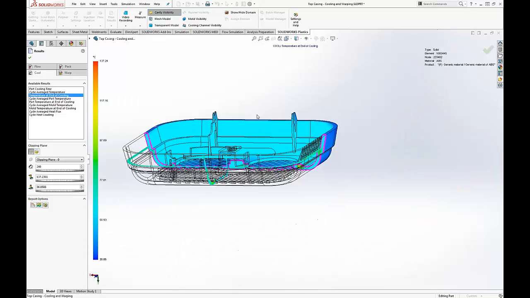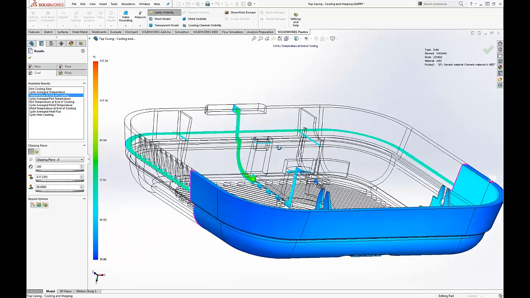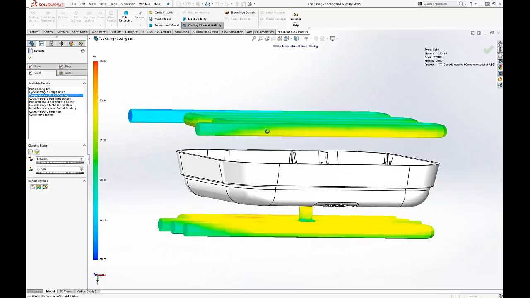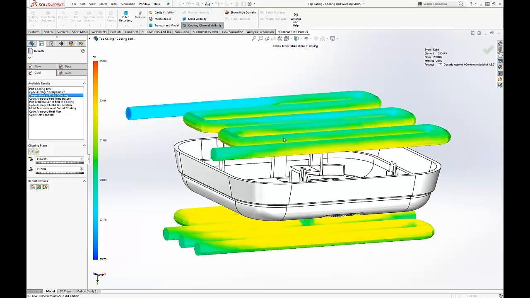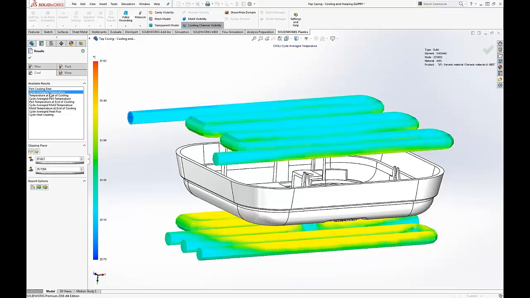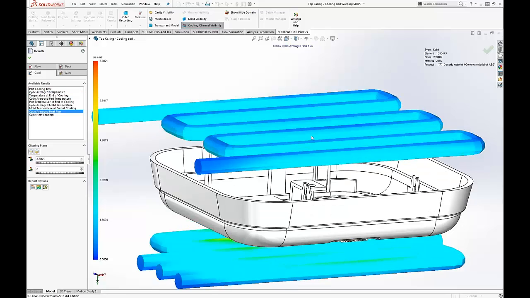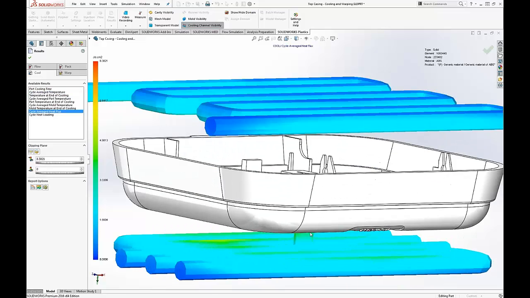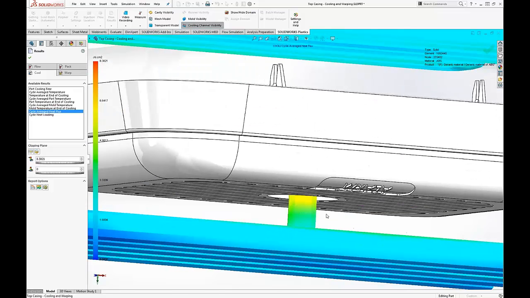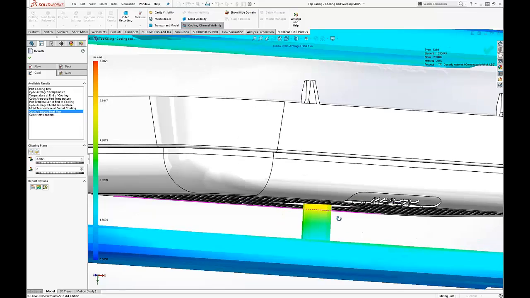Okay, also from a cooling point of view, of course you are interested also to see the reaction on the cooling system. So for example, you can see the average temperature, but also it's interesting to see the heat flux here. So the heat flux is representing the energy that is coming out from the cooling system.